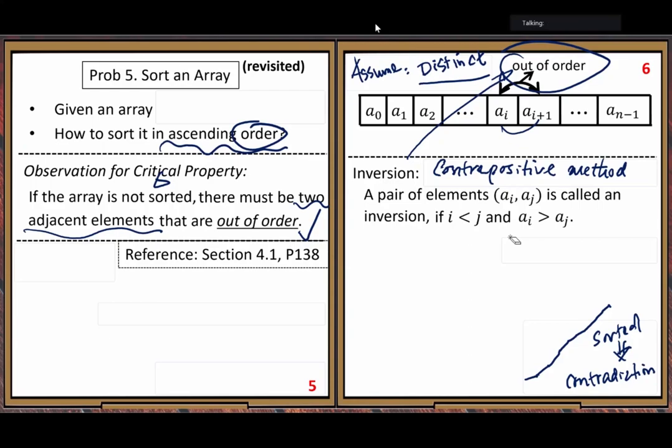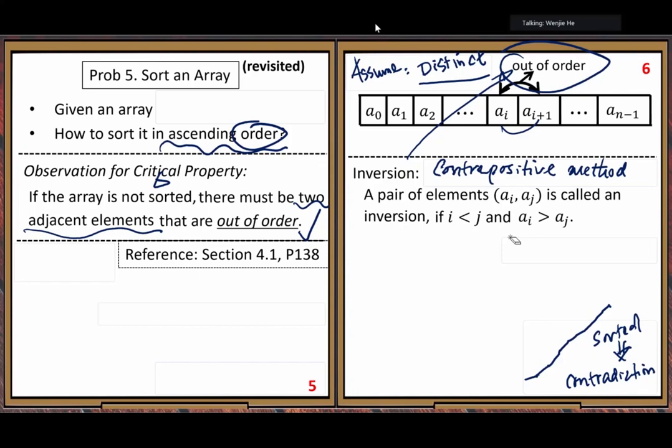But if the two inequalities are in opposite directions, then we need to do some work to fix it and make it right. That's why our main focus is on the inversion case.